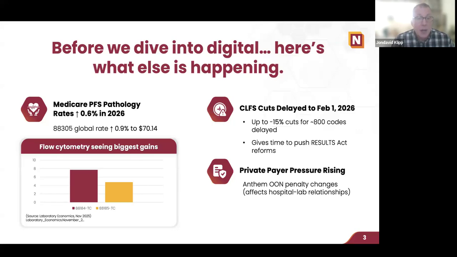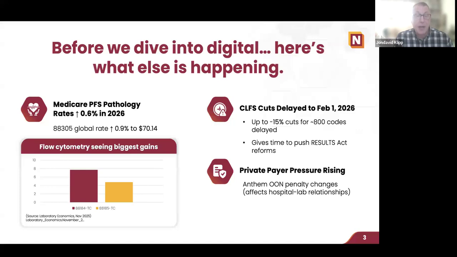And then I also wanted to highlight the highest increase, which is for flow cytometry. The technical component of 88184, the first marker in flow cytometry billing, is increasing by 7.7% to $81.50. That's the highest rate increase in 2026.